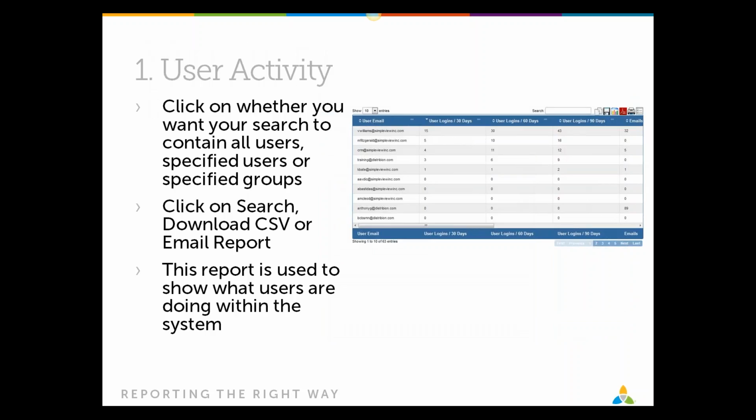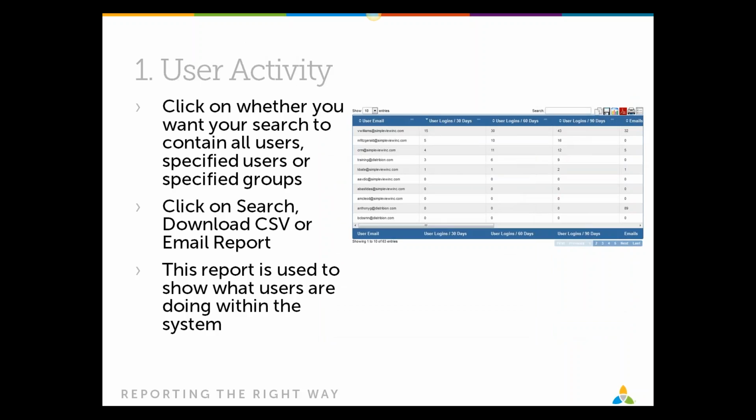To start us off, we're going to start with the user activity report. With this report, you're able to click on whether you want your search to contain all users. You can make it specific to certain users, or you can make it specific to certain groups. This report is used to show what users are doing within the system.